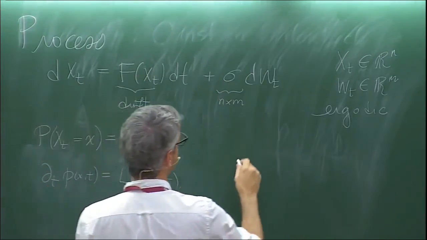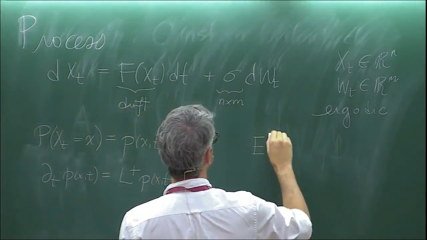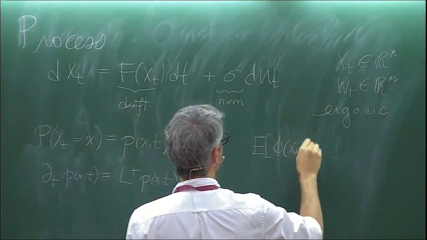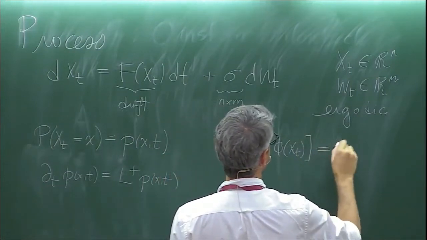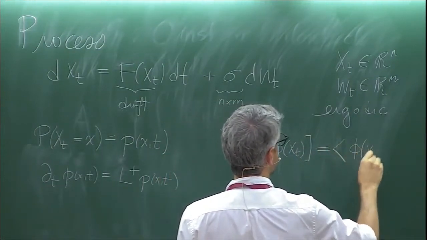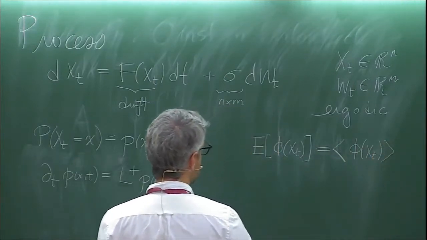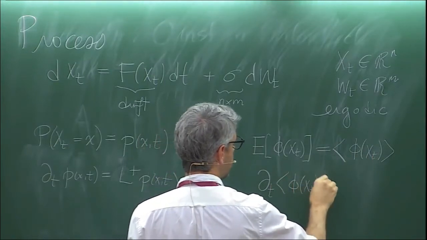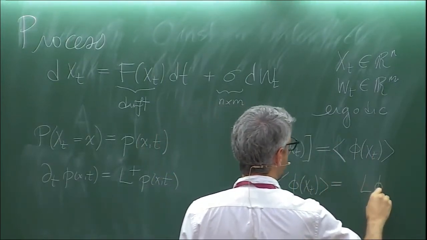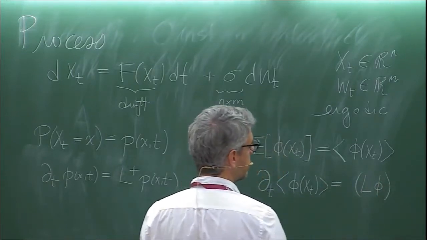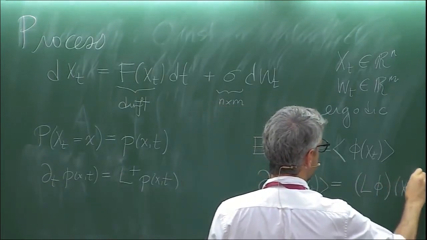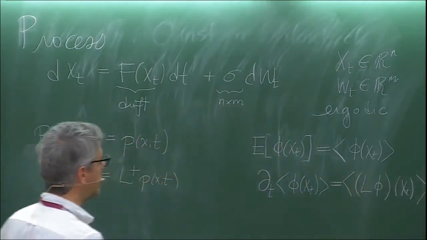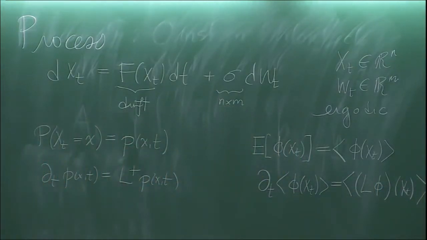Or you can look, if you want, at the evolution of expectations of functionals, test functions, of the process. So physically I would write this in physics notation with the angle brackets, and then the evolution of this in time follows the dual evolution. So here you're acting with the generator on phi, and then you take the expectation at time t. So that's the evolution of test functions, and I explained yesterday that this follows a dual point of view according to the inner product defined with the expectation.